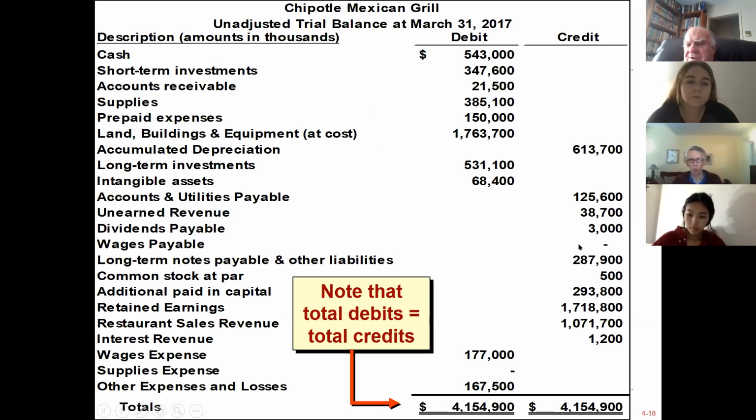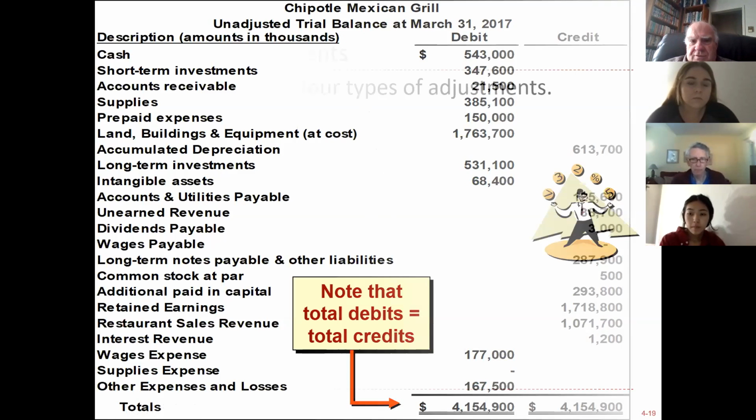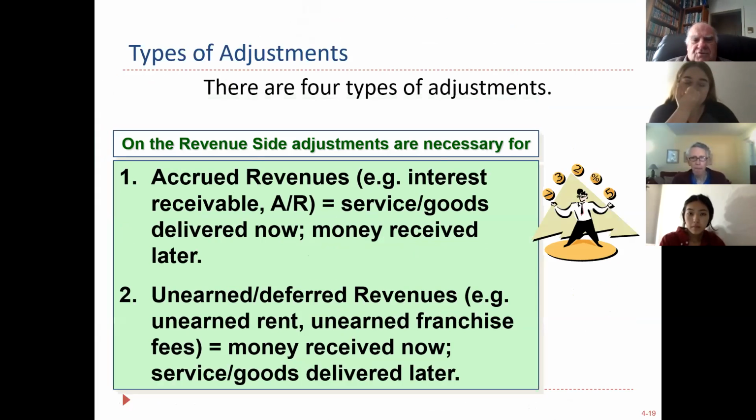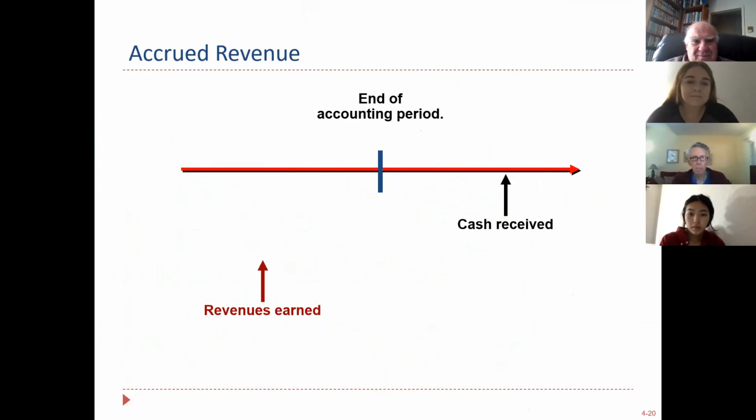There pretty much has to be a wages payable number. We don't pay people in cash too much anymore. If I look down here, I don't see any depreciation expense and all kinds of things. So perhaps we have to write adjusting journal entries. Oh, we're back to the 4 kinds of entries again.